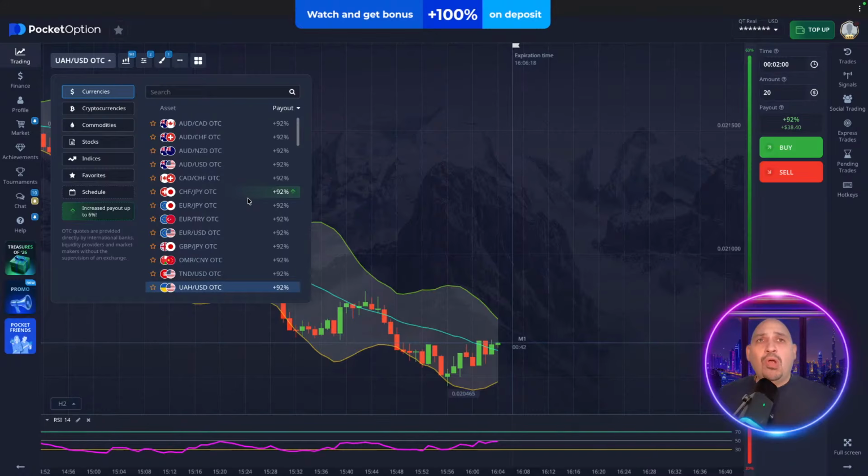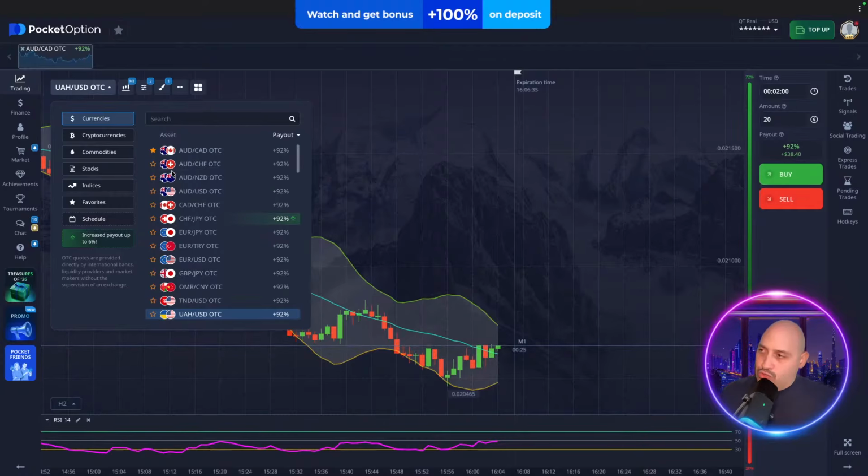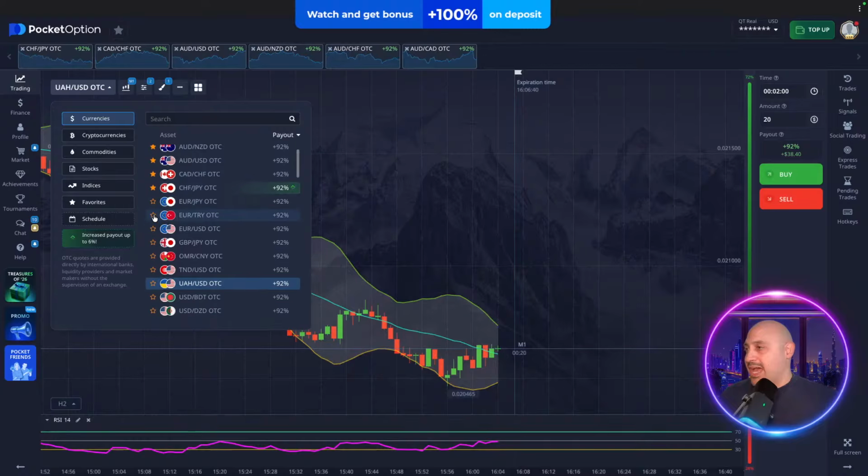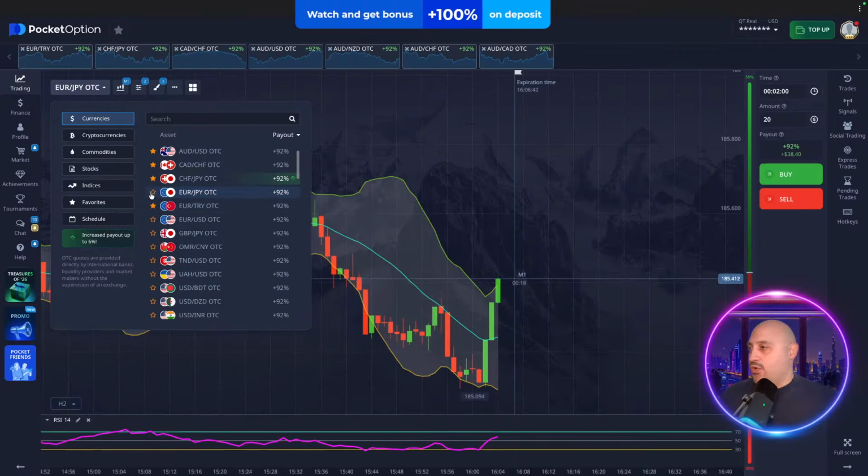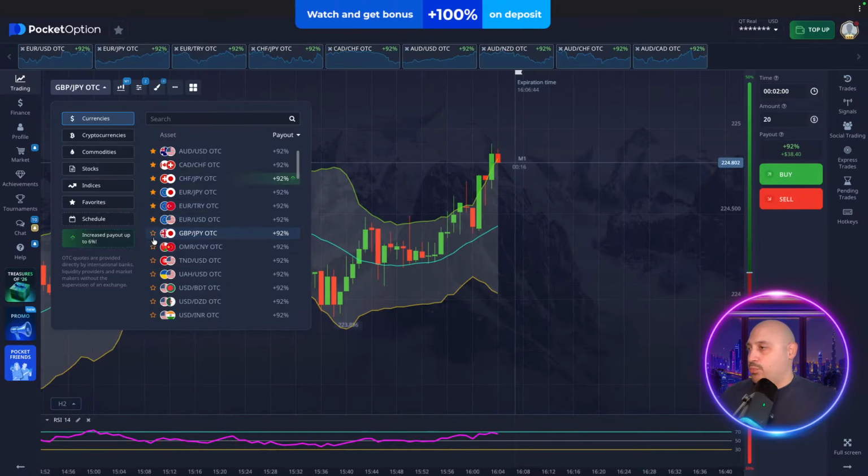There is no market event that can shake those currency pairs and create very strong volatility, which can affect our strategy, specifically if we're using technical indicators. I'm going to be looking at the highest payouts, which is 92%. So I'm going to be highlighting some of these currency pairs that are on 92%.